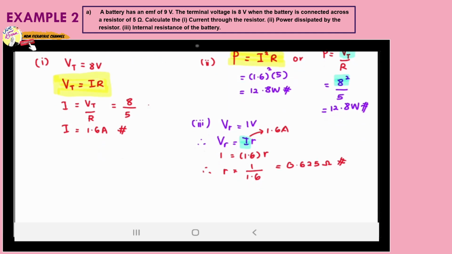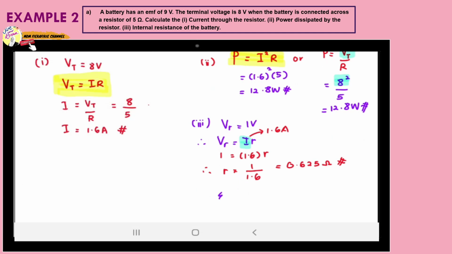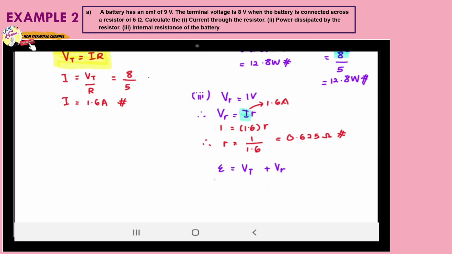Okay, or you can write EMF is equal to V terminal plus V r. From here you know that EMF is 9, I is 1.6, and R is 5 ohm plus r.